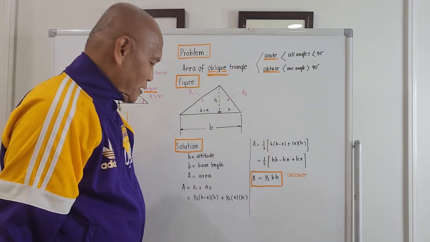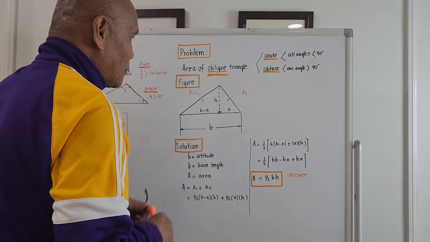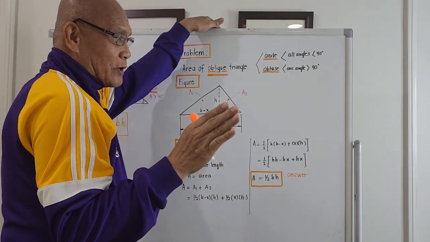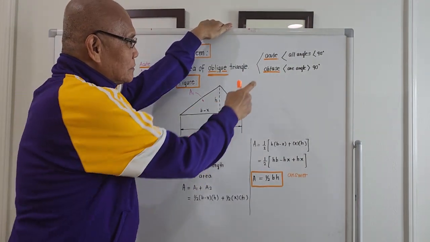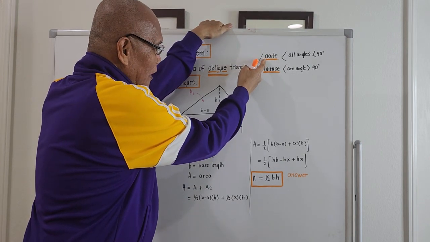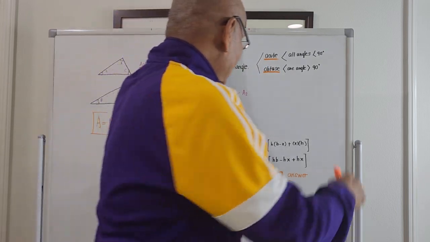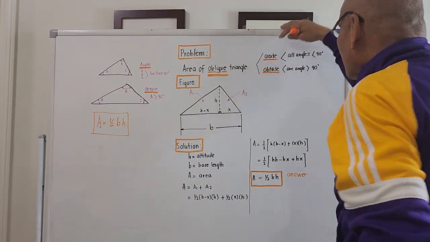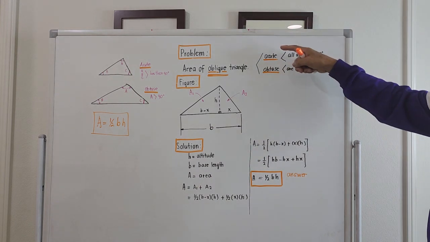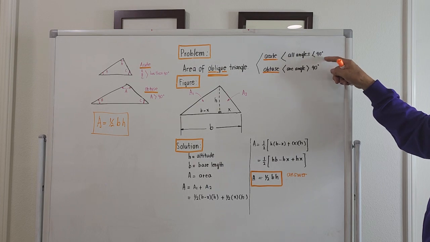What is an oblique triangle? There are two classifications of an oblique triangle. For a triangle to be oblique, it can be an acute triangle or an obtuse triangle. For the acute triangle, the condition is that all the angles must be less than 90 degrees.